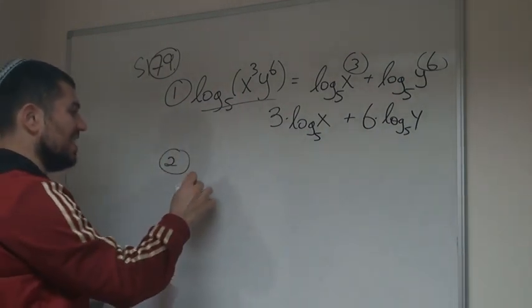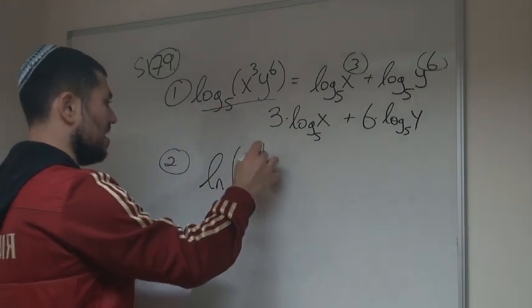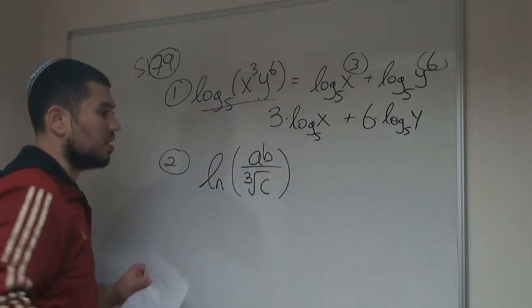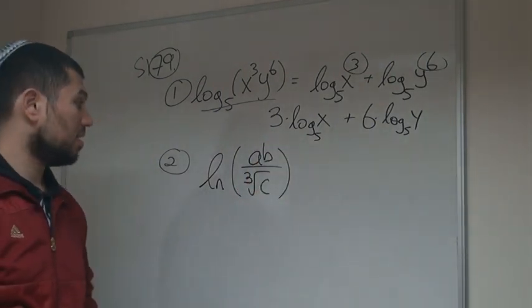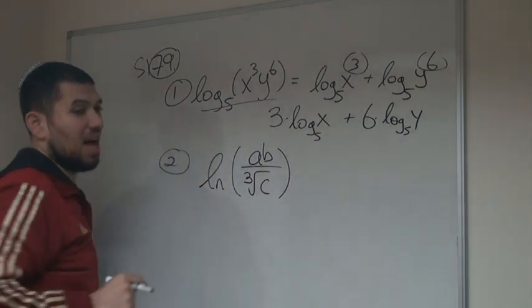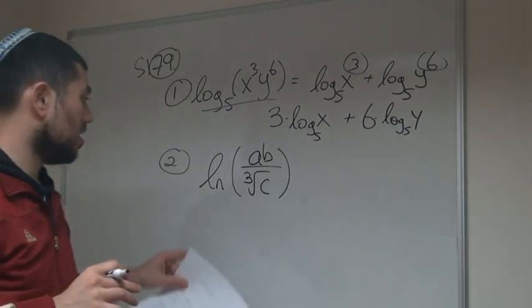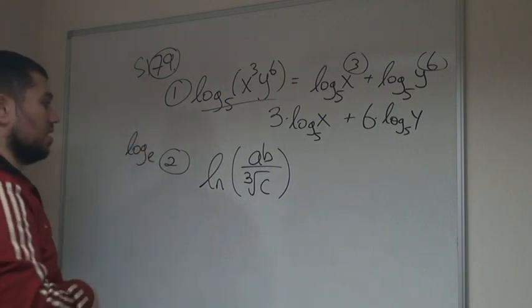Next, the ln of ab over the cube root of c. Here we see something a bit more involved. Now, again, just because we see ln and not log, it doesn't mean that we can't do the same math. Remember, ln means log to the base e.